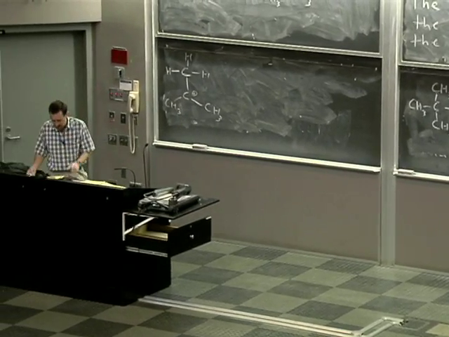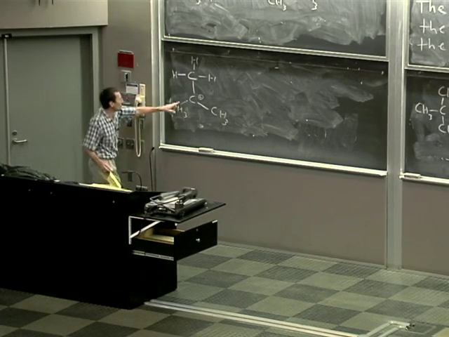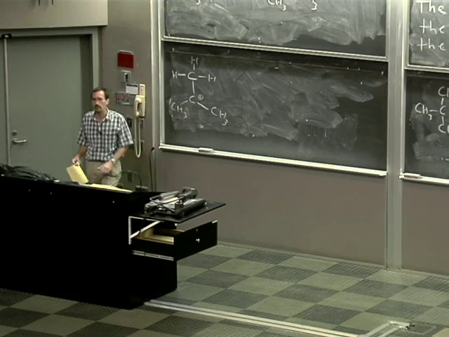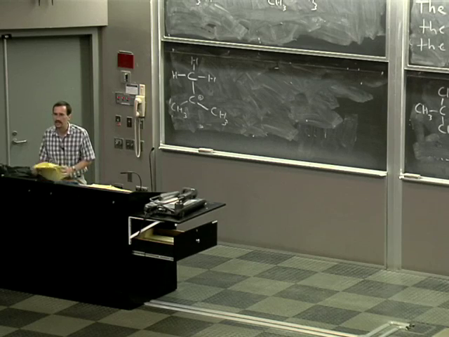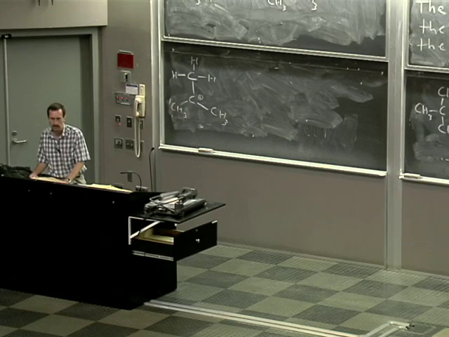It makes sense that this would want to happen because this carbon atom is unhappy. It doesn't have a complete octet, and it will do what it needs to get that complete octet.